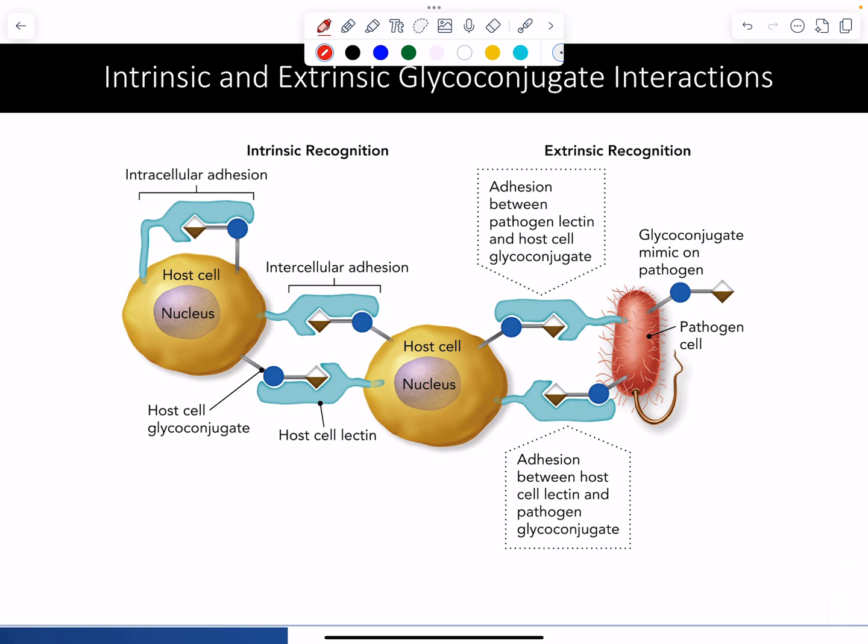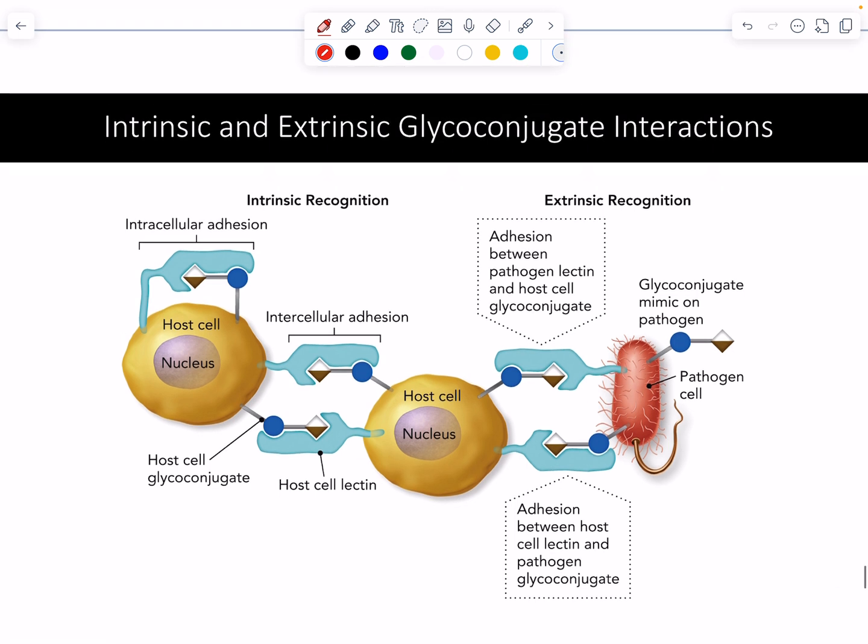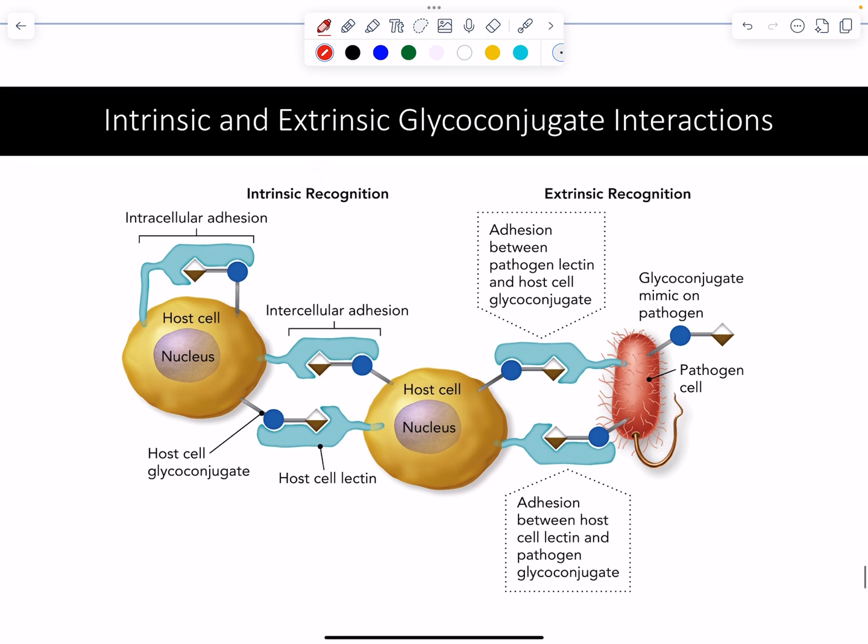This gives you a better idea because it gives you visual examples of these types of interactions. Intrinsic recognition is going to be things like, let's say, receptors on the host cell interacting with one another via the glycan part of your glycoconjugate.